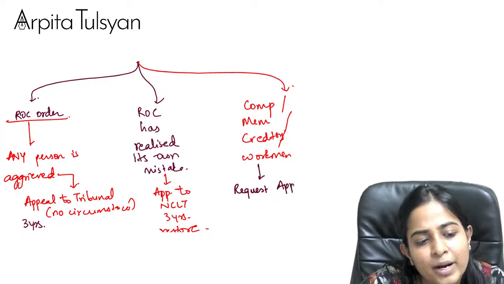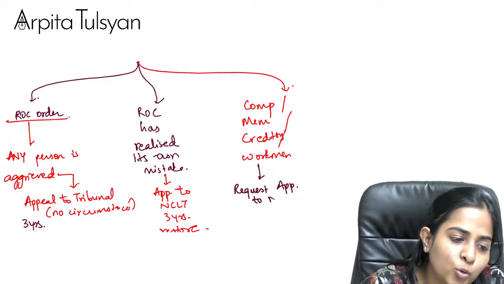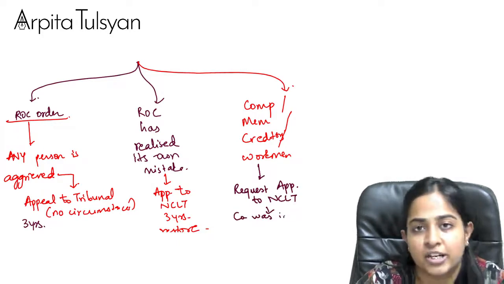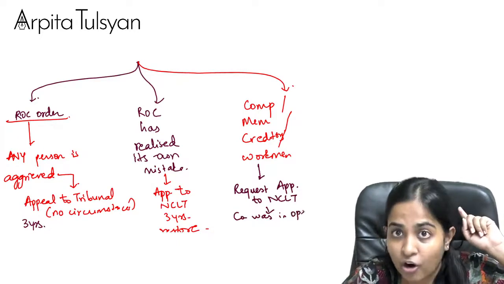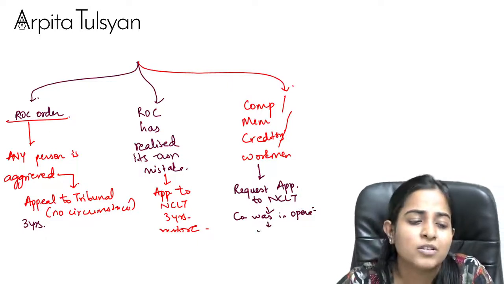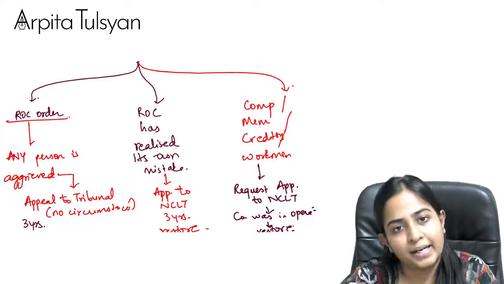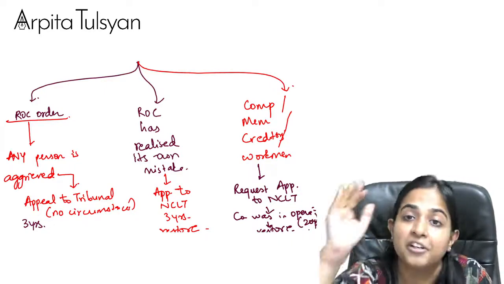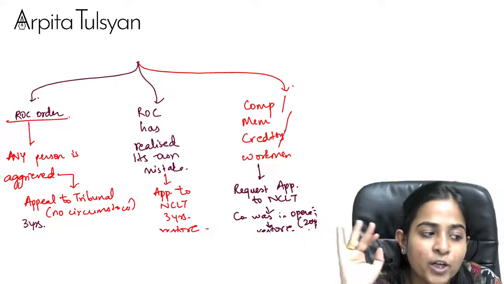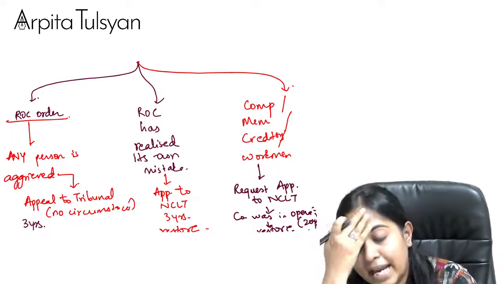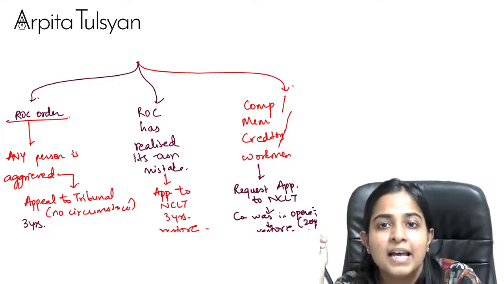They just make a request application to the NCLT saying that the company was in operation when the name was struck off, so please restore it. This can be done within a time period of 20 years. Within this much time, they can make an application to the tribunal to please restore it.